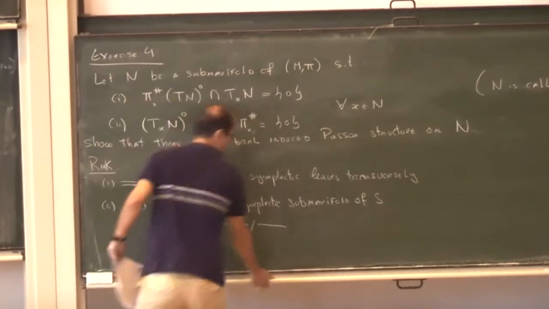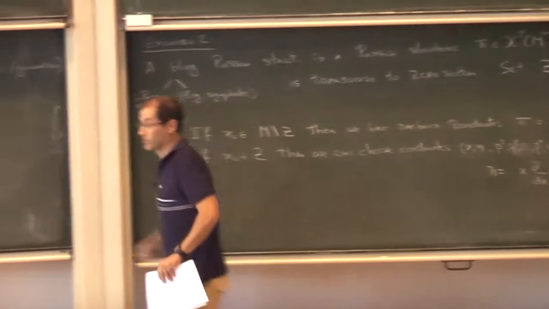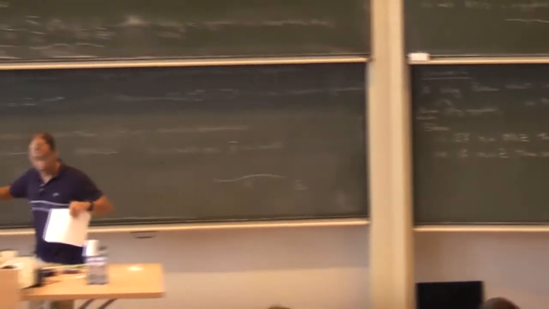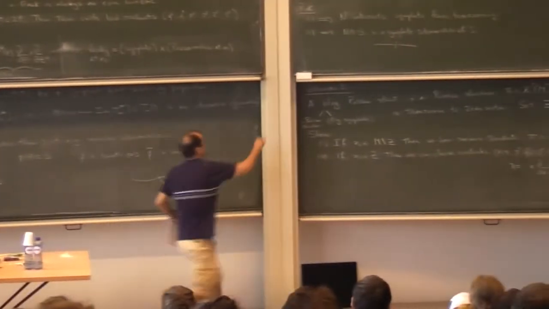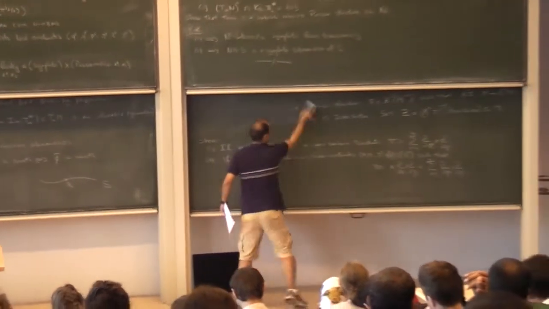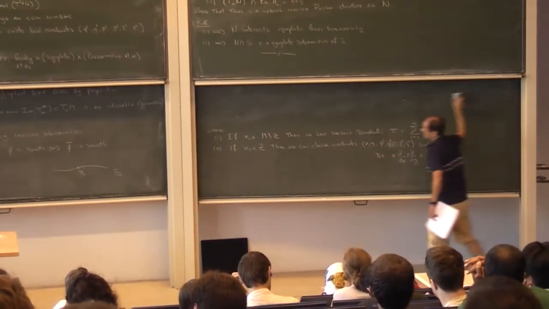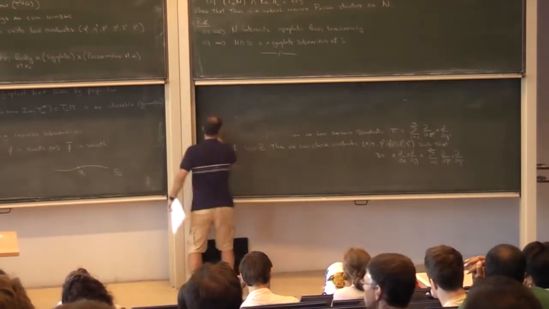Okay, so using this exercise, suppose now I fix attention on a specific symplectic leaf, and I take a submanifold transverse to this symplectic leaf. What can I say?